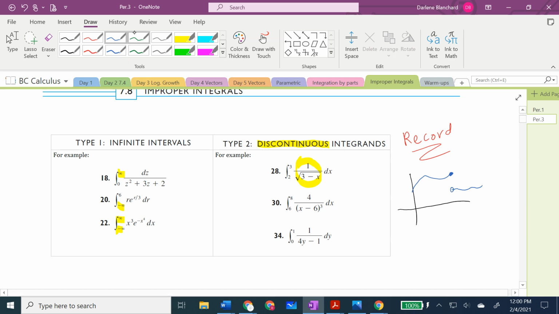When that was what you were dealing with, you could integrate it. You just needed to take where it split its domain, I'll call it C, and then go from A to B and solve two separate integrals. We are not dealing with jump discontinuities this time. We are dealing with vertical asymptote discontinuities, and that's a whole new ballgame.